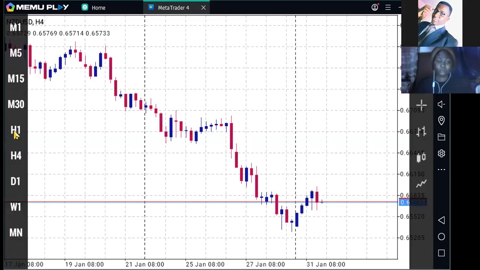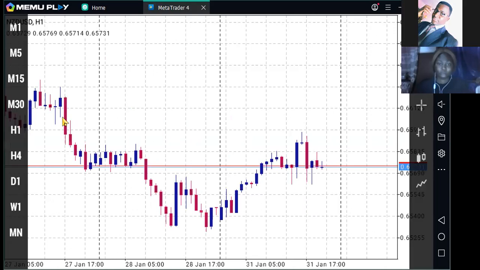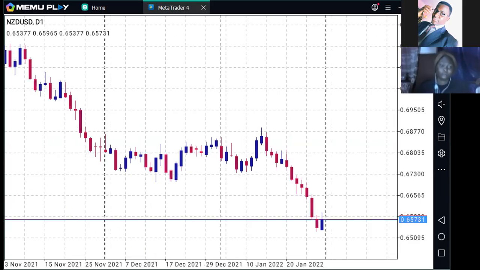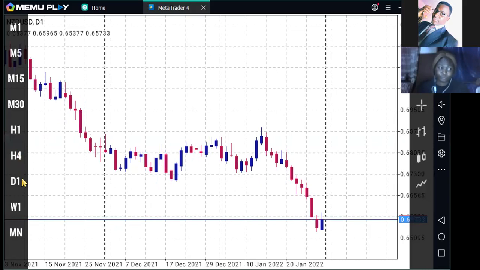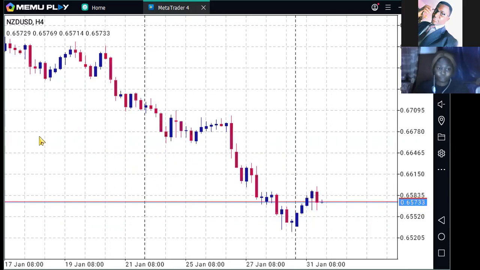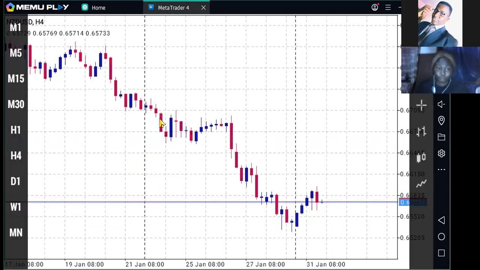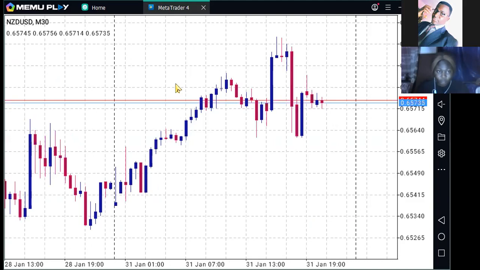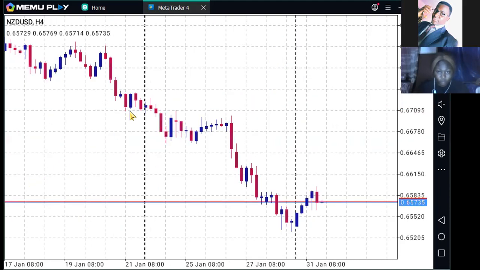So we have 1 hour time frame and we have daily time frame. I'd explain about your time frame. It's very easy here. Tap on your MT4. You need to take some time and study how this time frame you are switching in between, how they help.